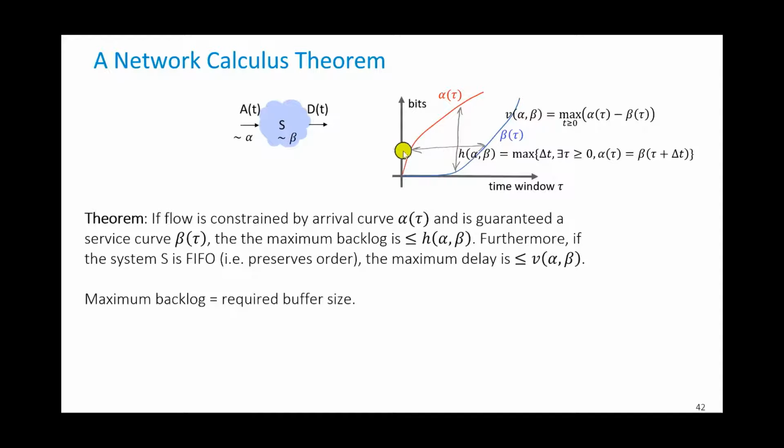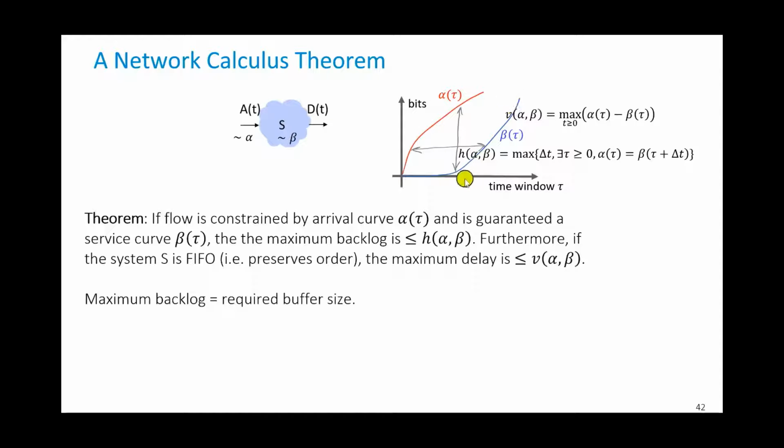If I plot the horizontal deviation, which is easy to do graphically, a bit more difficult to define mathematically, the mathematical definition is here, is the max of the duration delta t such that alpha of tau is equal to beta of tau plus delta t over all possible tau here. This is a simple definition when the functions are continuous.